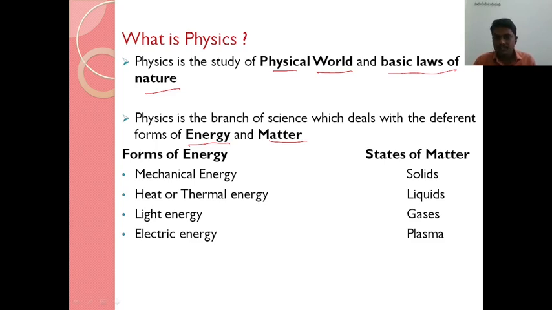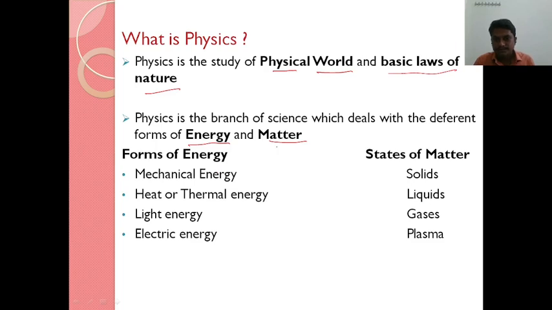Energy associated with static bodies, like water in a dam, is potential energy. But when the dam gates are opened, water comes out and strikes the turbines, so the potential energy is converted into kinetic energy, because it is rotating the turbine. So this is about mechanical energy.